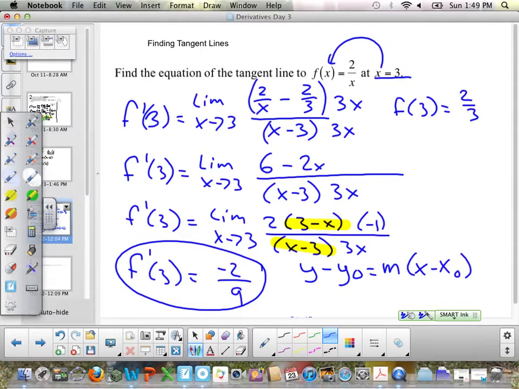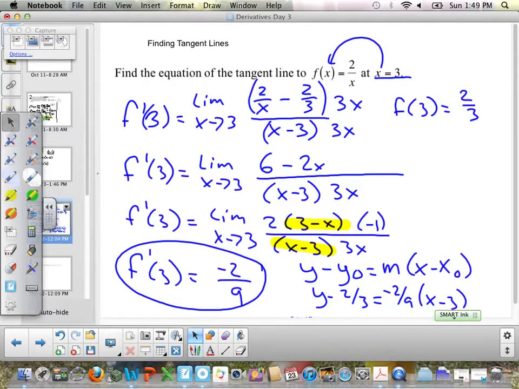Plug those in. y sub 0 is 2/3. Our slope is negative 2/9. And our x value is 3. So the equation of our tangent line without simplification is y minus 2/3 equals negative 2/9 times x minus 3.